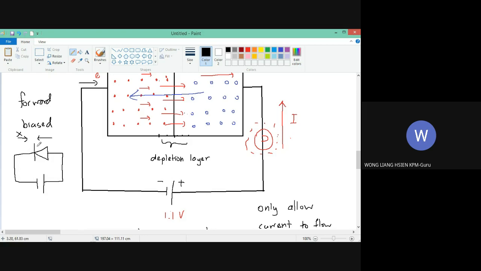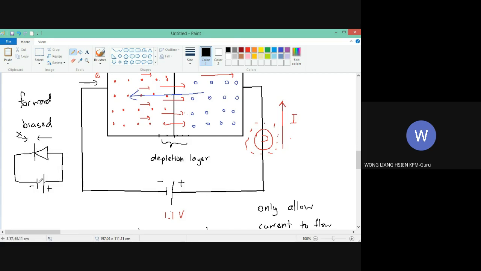So this symbol is the electronic symbol of a diode. This one is positive, so current flows in this direction. So you see the arrow. The current can flow in this direction. This side is negative.